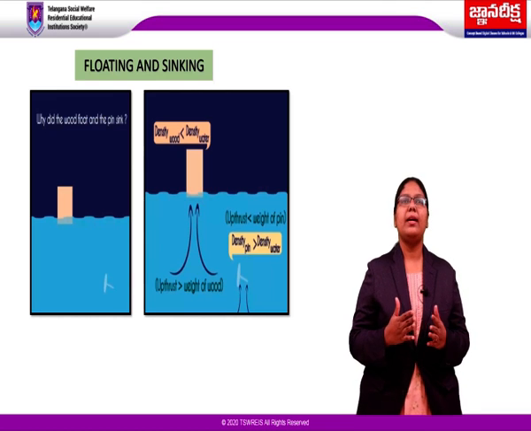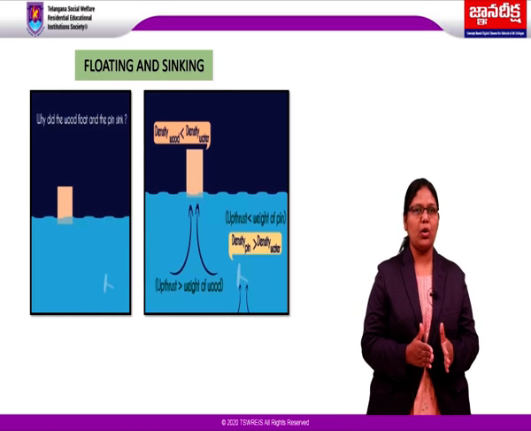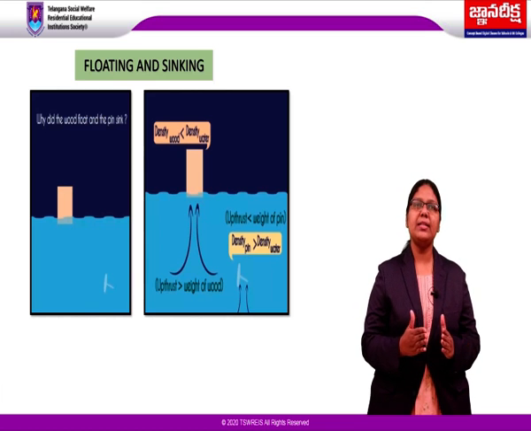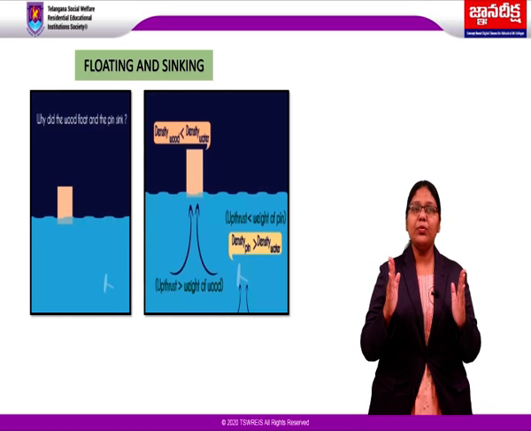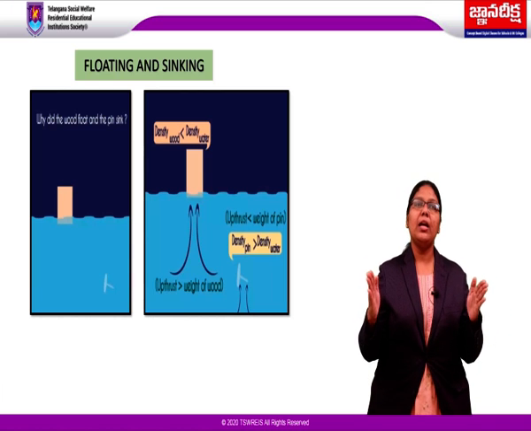As we discussed, the relative density of water is 1. So objects whose relative density is less than 1 float on water and relative density greater than 1 sink into water. So when we observe the wooden block, it is occupying more place, indicating the volume of the wooden block is more.